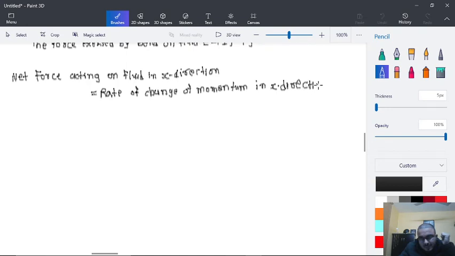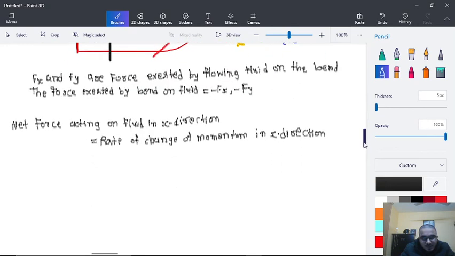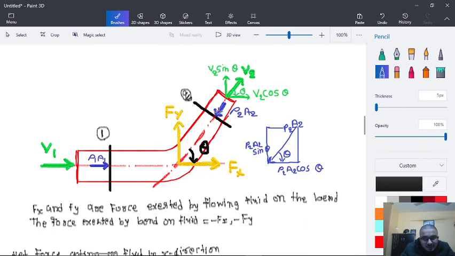If you see, the net force acting on the fluid in the x direction is, at section 1, P1A1 in the positive x direction, so plus P1A1. Then the x component at section 2 is minus P2A2 cos theta.